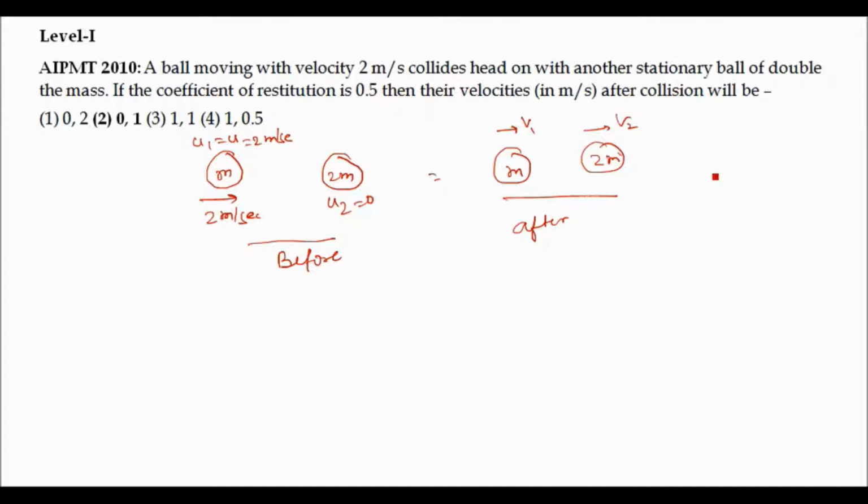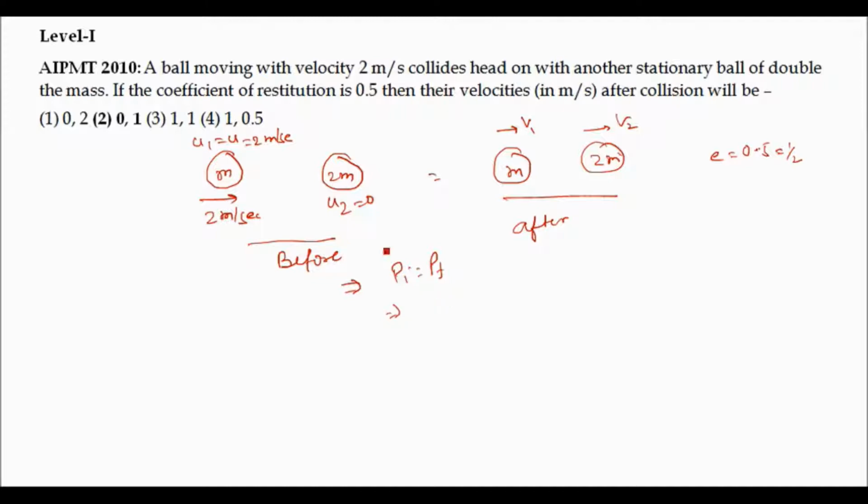Now it is given that coefficient of restitution e is equal to 0.5, which is 1 by 2. Now we have to calculate the velocity after the collision. So first we will apply the law of conservation of linear momentum. Initial momentum is equal to final momentum.